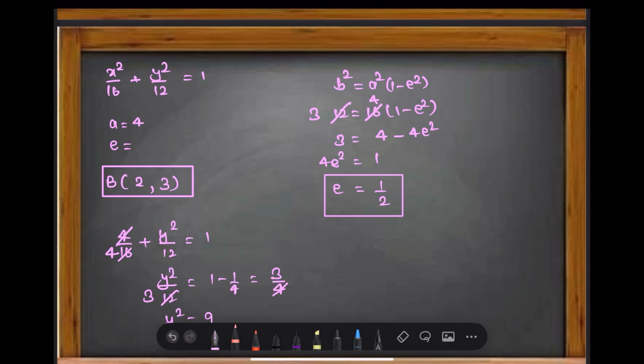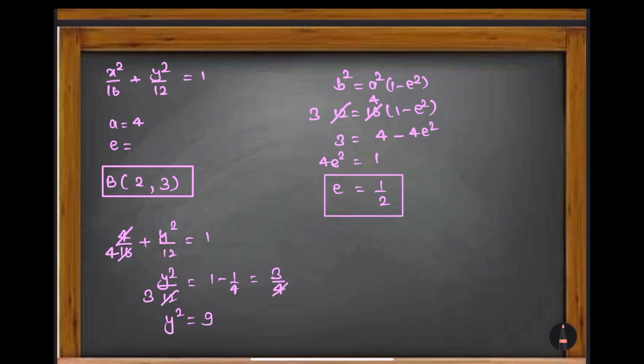Now what we have to do? We have to drop the tangent at B. For that, T equals 0, so x x1 by 16 plus y y1 by 12 equals 1. So it is x by 8 plus y by 4 equals 1.